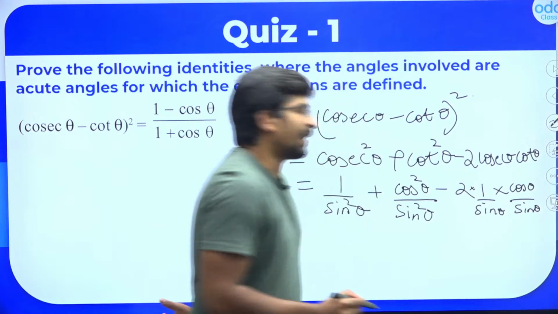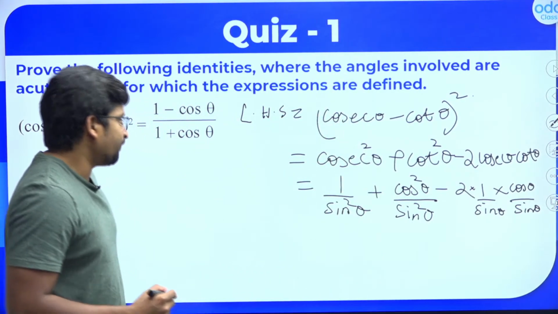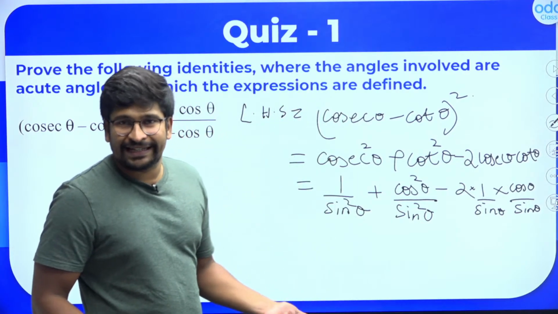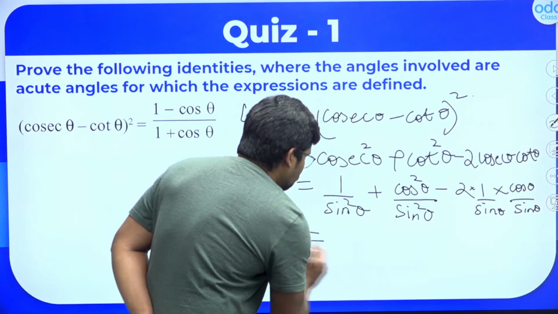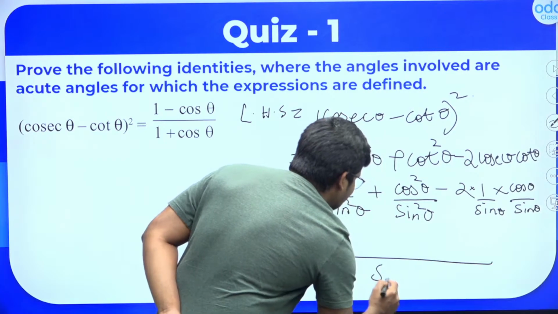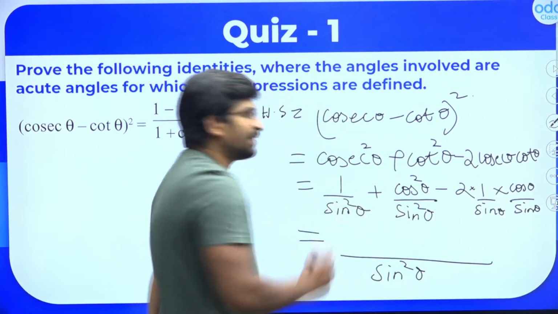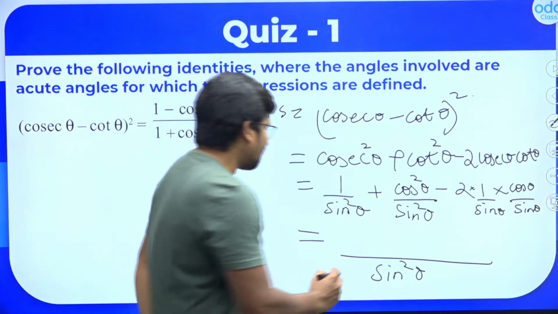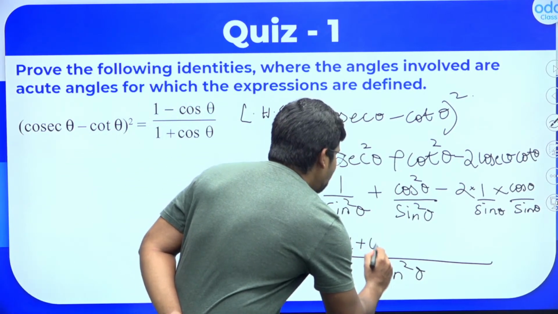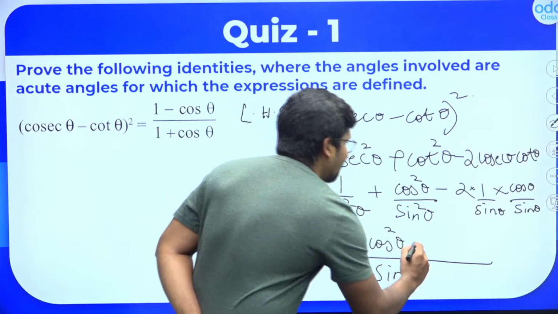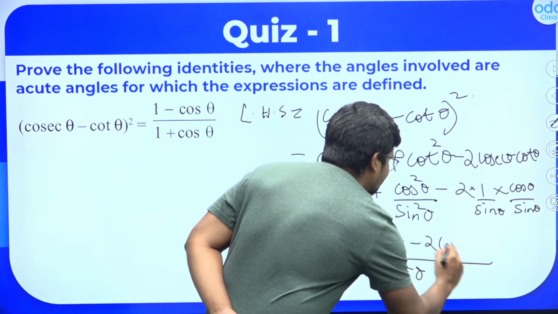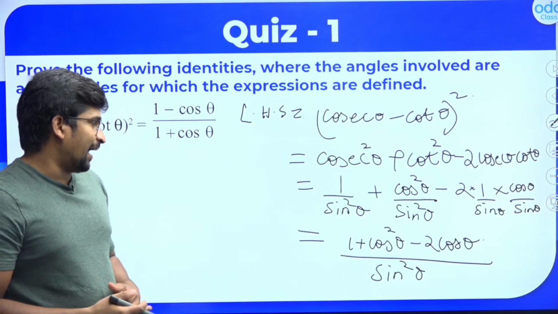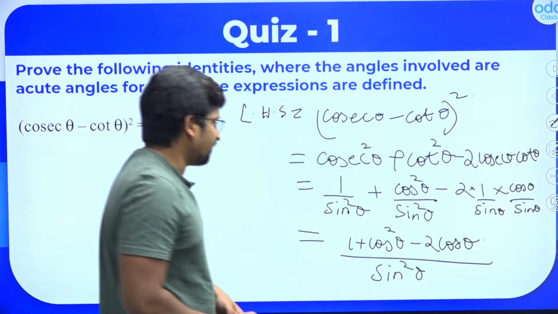And sine theta into sine theta is sine square theta again. So the denominator is completely sine square theta, because everywhere there is sine square theta, and the numerator will be 1 plus cos square theta minus 2 cos theta. Correct or not? This is what you have.